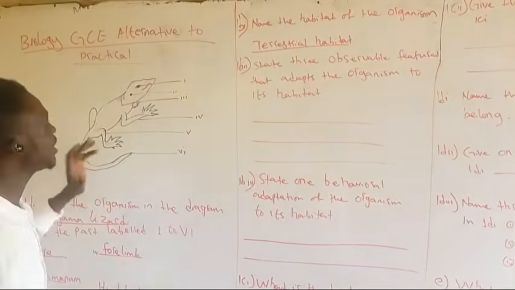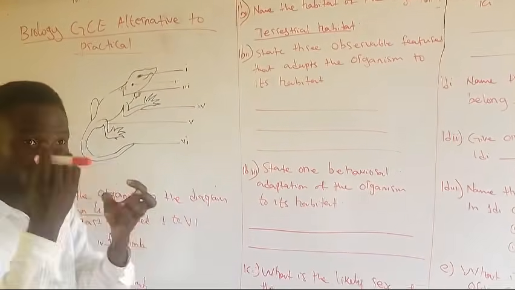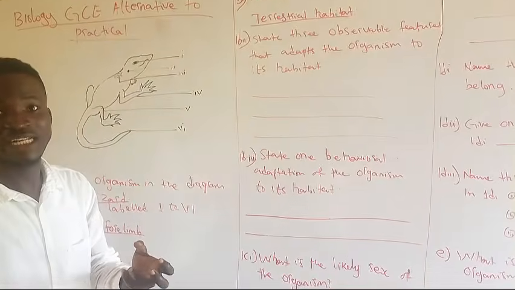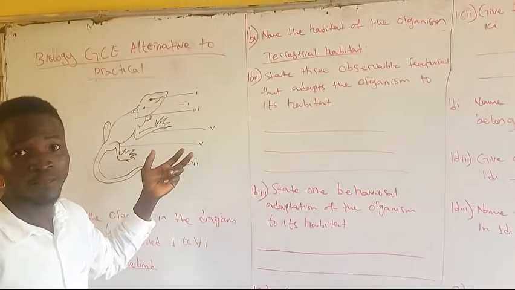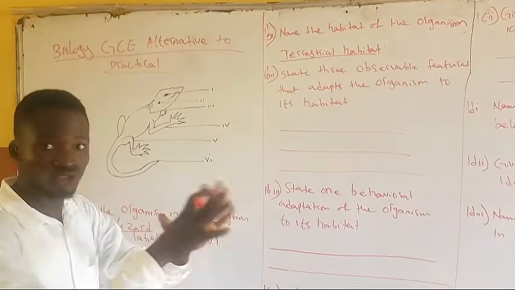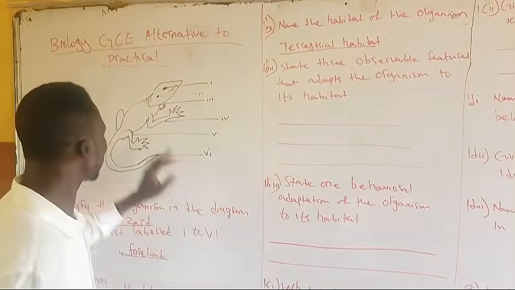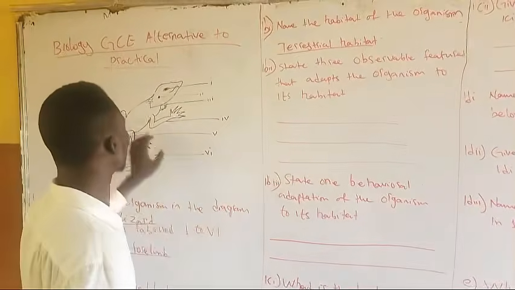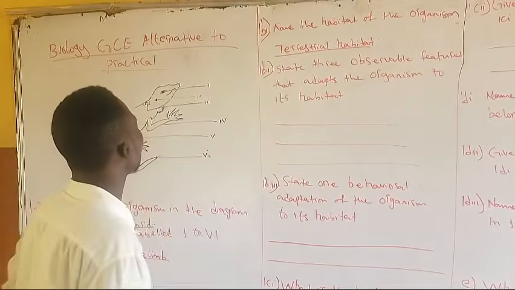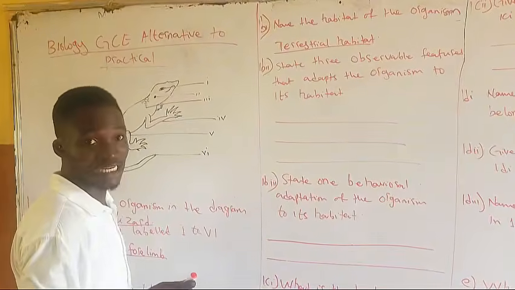No. The only thing is observable, meaning things you can see. You don't need to go to the internal part because that is not what they asked you to do. You didn't dissect them yourself. They were given to you like that, so you have to follow suit. This organism here is not dissected, so what you see with your eye is what you are working with. Number 1, they have eye. Do we get that now?